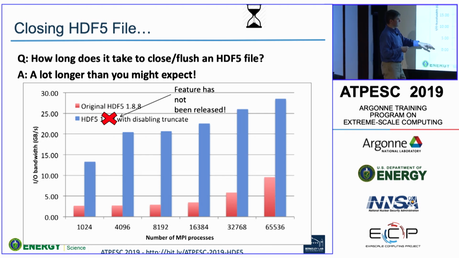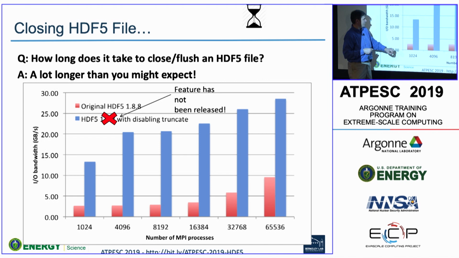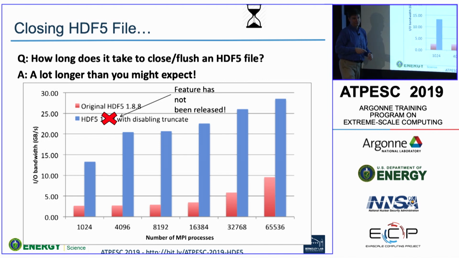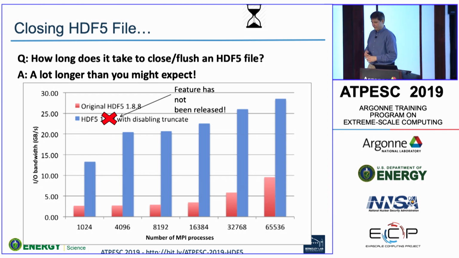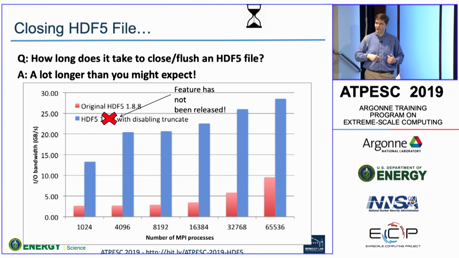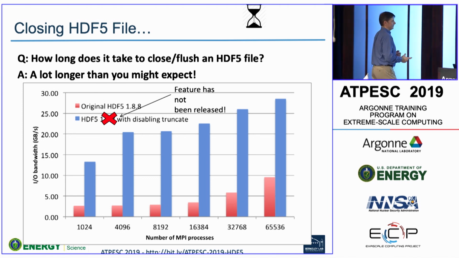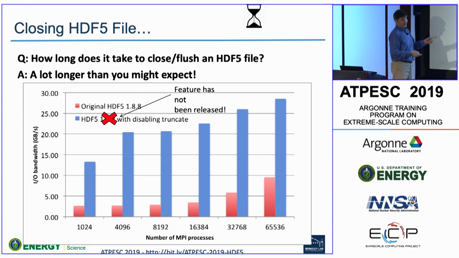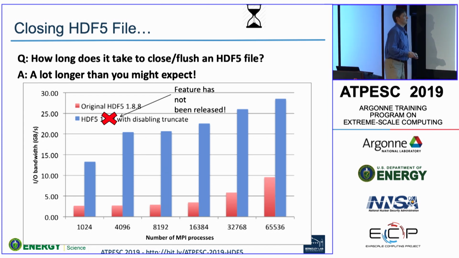If you default to the original configuration and then you turn off the truncation, you get 3x better file closes. This was annoying. So we're trying to fix the file format to incorporate the 8 bytes that penalizes us so badly here, right? It should come out soon, I would hope. I think I said this last year, though, but, you know.